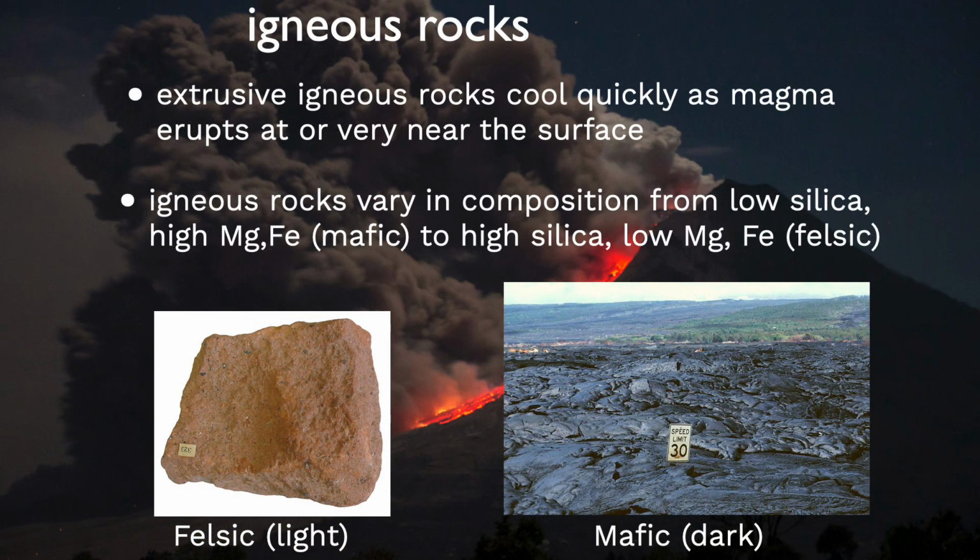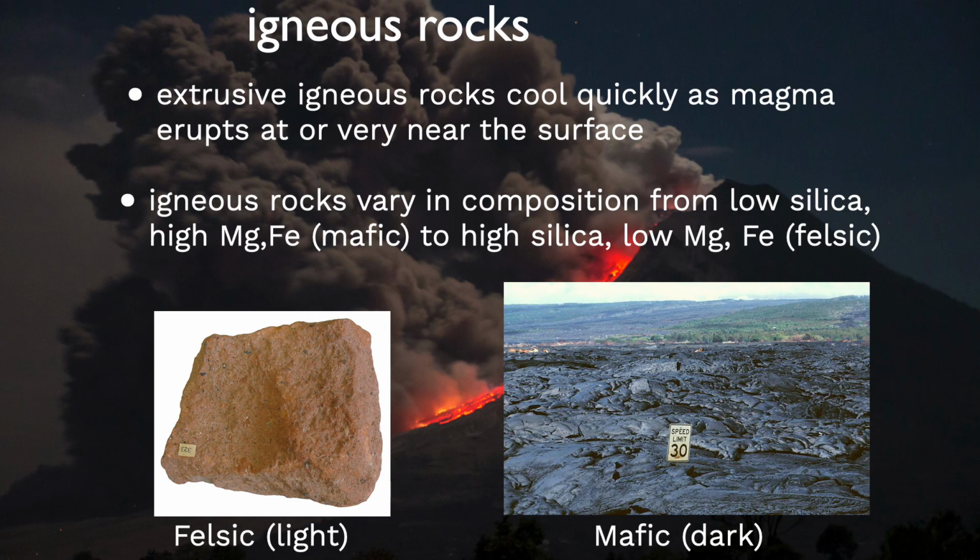So if instead of an igneous rock cooling below the Earth's surface, it is erupted through a volcano or a ridge and it reaches the Earth as lava, then that lava cools. That is called an extrusive igneous rock. Because this lava now has reached the Earth's surface, it's exposed to the atmosphere, it can cool a lot more quickly.